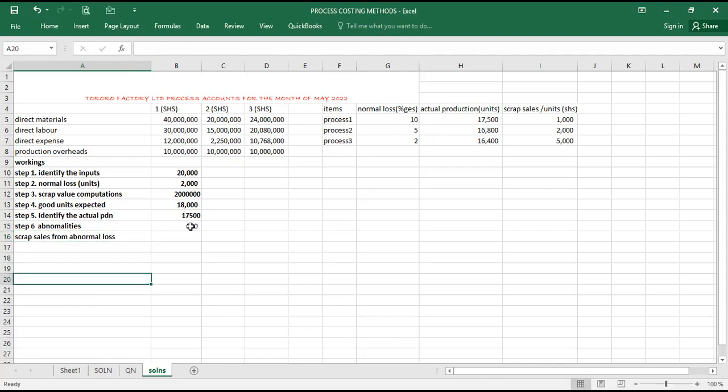We say this is a loss of 500 units because we produced less than what we expected, and we are selling these at the same 1,000 that was given to us. It will give us 500. That's how we compute that.